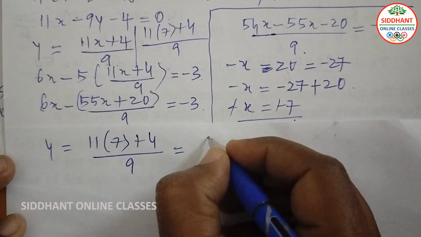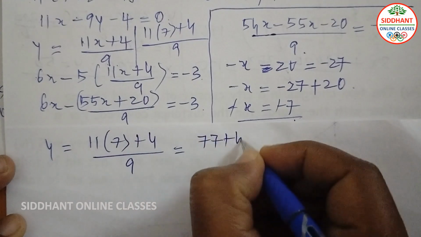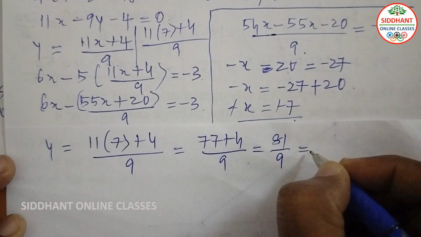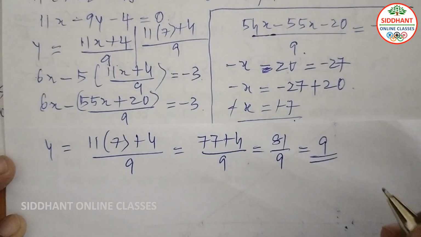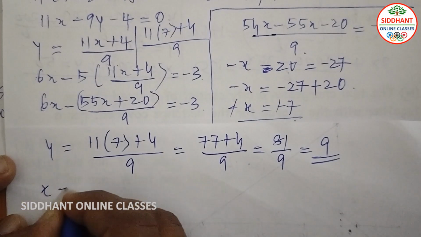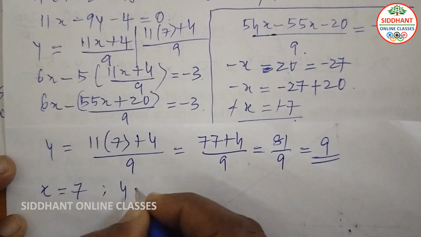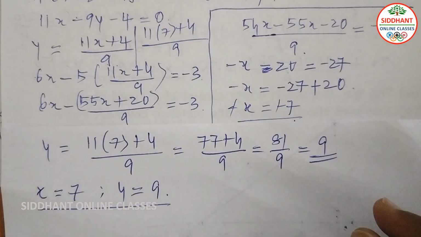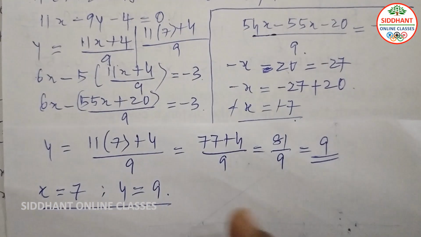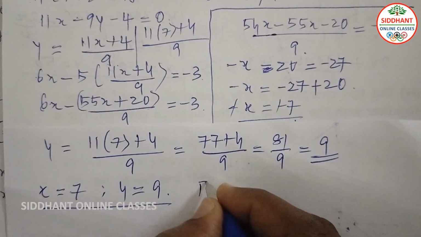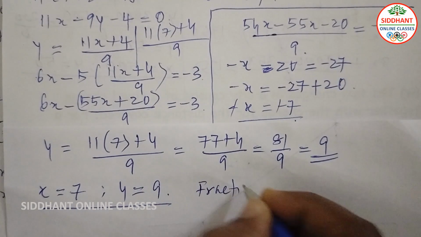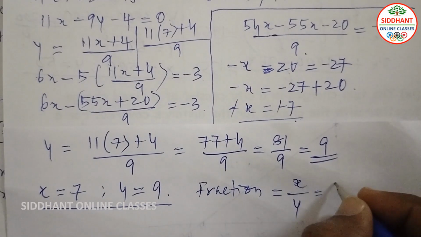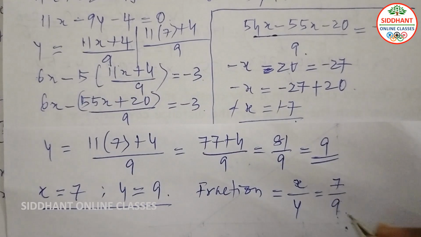So that equal to here 77 plus 4 by 9, which is equal to 81 by 9, that equal to 9 here. So we now got x equal to 7 and y equal to 9 here. So now fraction, when you are going to see, the fraction will be x by y, so that equal to 7 by 9 here.